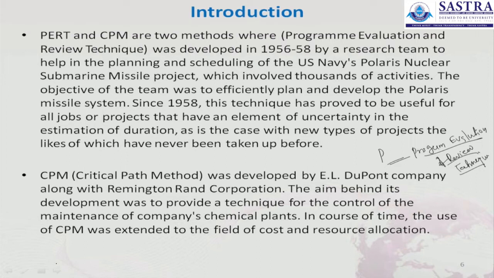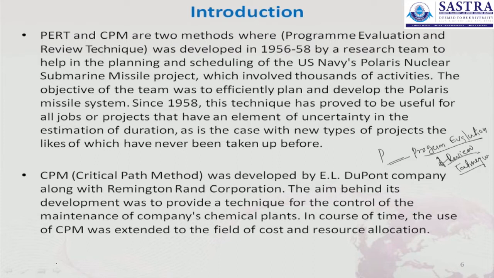The objective of the team was to efficiently plan and develop the Polaris missile system. Since 1958, this technique has proved to be useful for all jobs or projects that have an element of uncertainty in the estimation of durations, as is the case with new types of projects, the likes of which have never been taken up before.